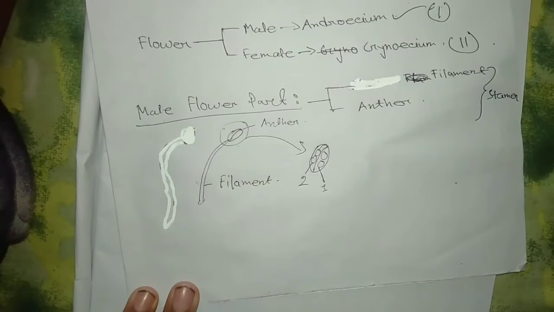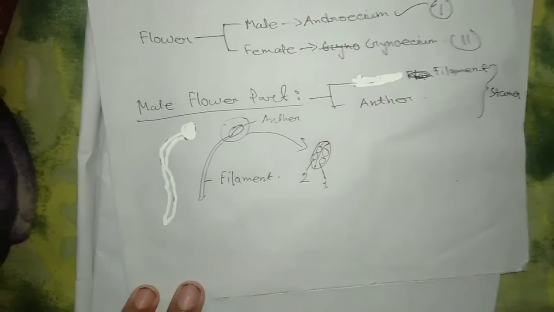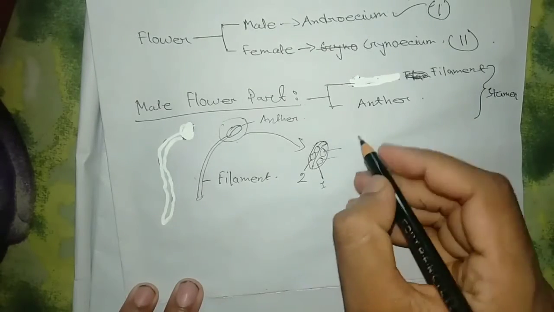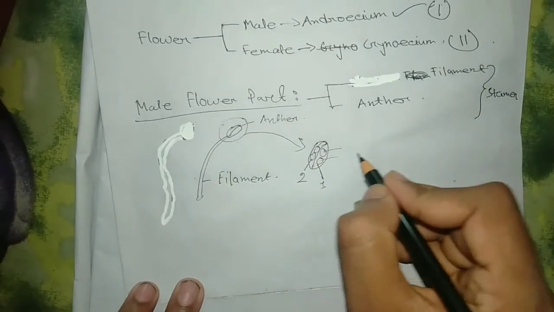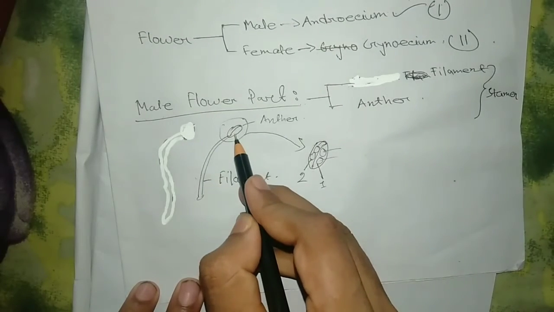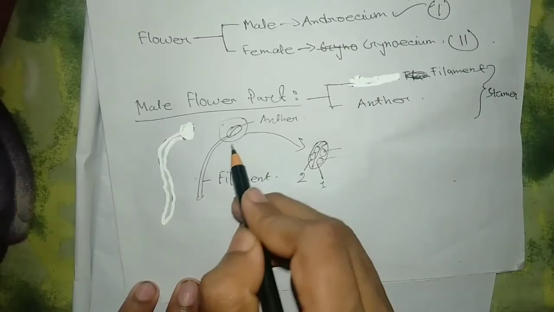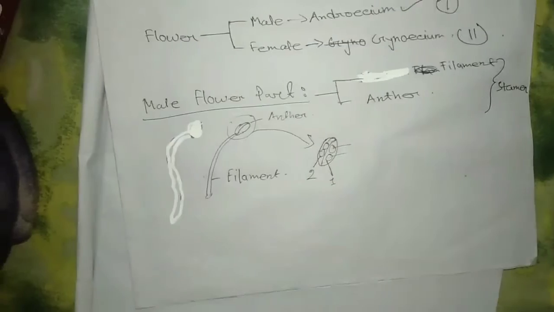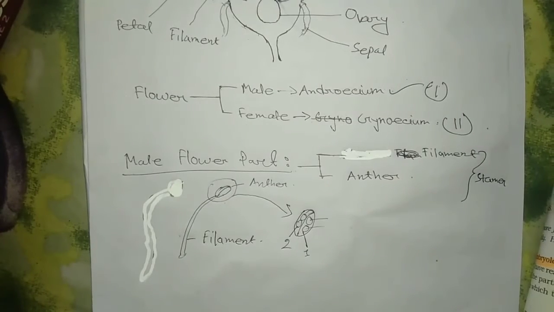These are known as theca. So an anther is bilobed, but it has four theca. Each lobe has two theca.